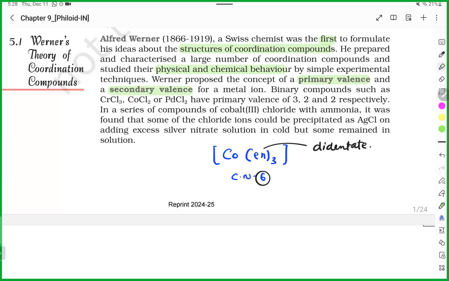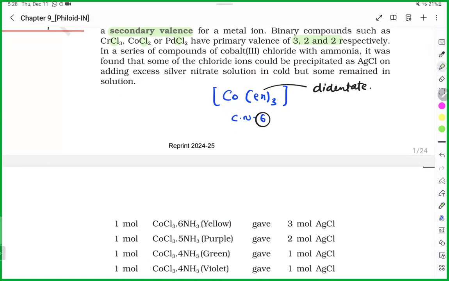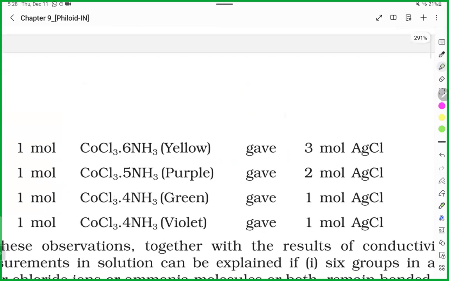So we can easily explain primary valence based on the complex here, with 3 chlorine or 2 chlorine. For secondary valence, it is important to understand when we precipitate as AgCl. For example, if you have 1 mole of this compound and it gives 3 moles of AgCl, what does it mean?